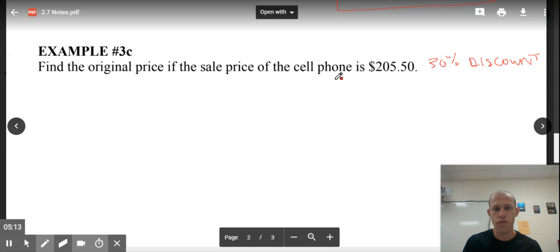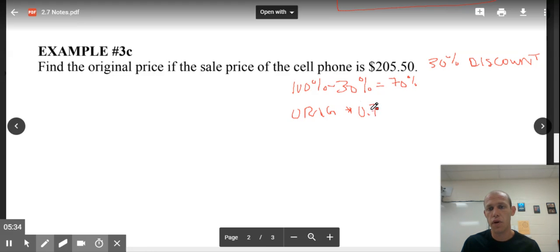Okay, so I always have to pay 100%, but the store is telling me, hey, we're gonna take off 30 of that for you. So you only have to pay 70%. So whatever the original is, I have to pay 70% of that. The store took the other part for me. So we're going to multiply it by 70% as a number.